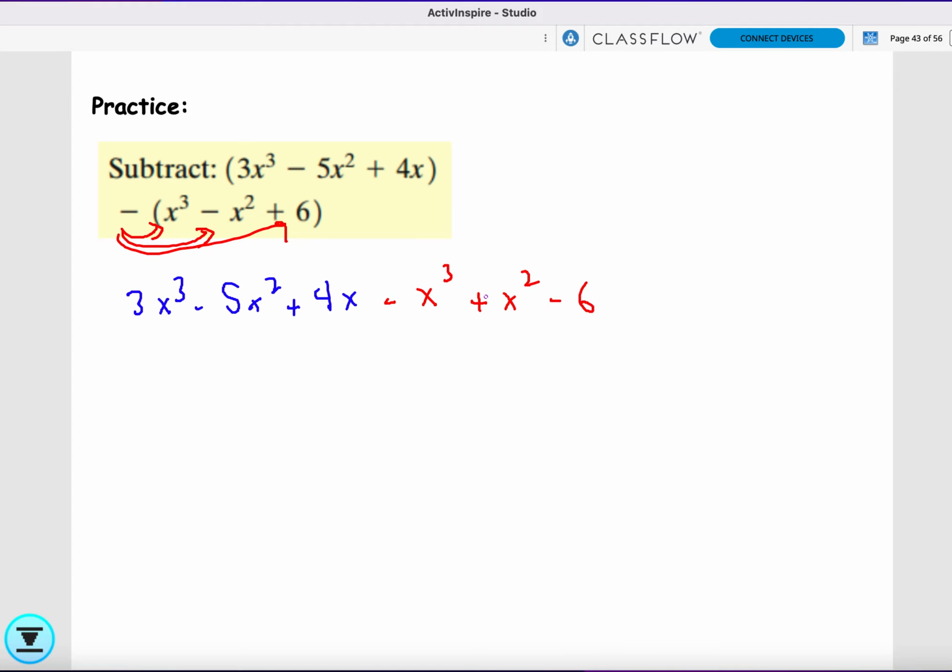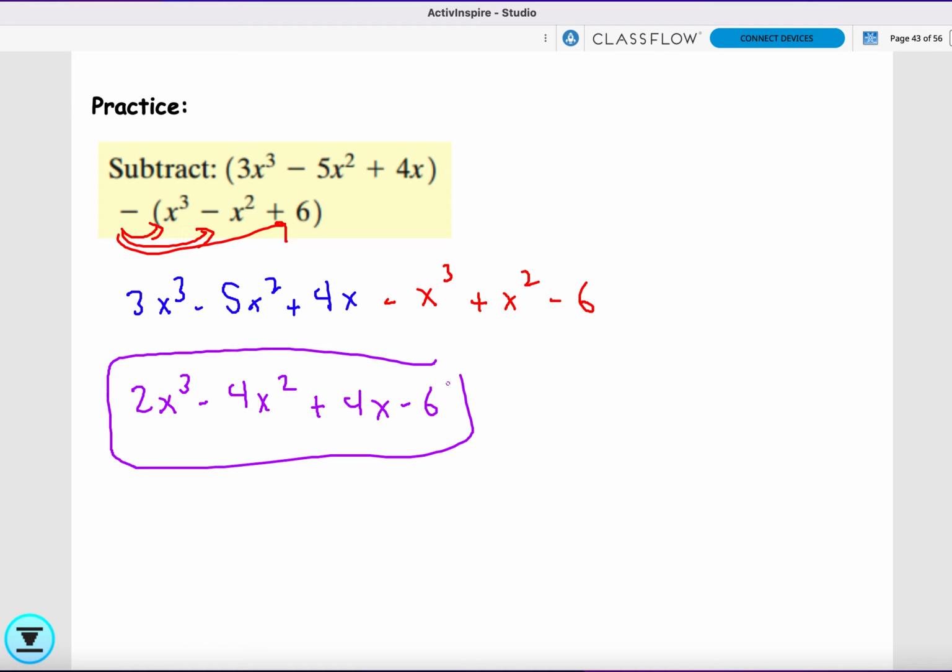Combine your like terms. X cubed minus x cubed, so we have 2x cubed. Minus 5x squared plus x squared, so it's 1 less, minus 4x squared. Plus 4x minus 6, and we're done. So combine what you can combine and bring the rest down.